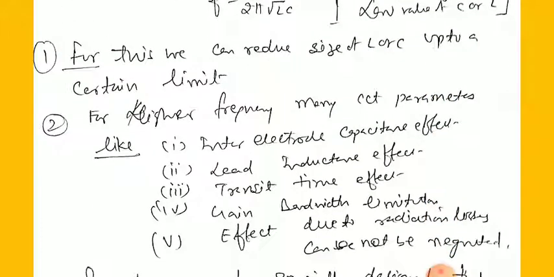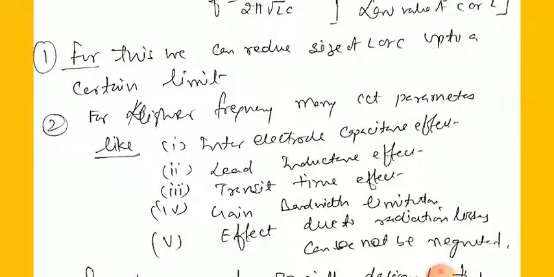And at high frequencies, many circuit parameters change. Number one, the inter-electrode capacitance effect, because now the distance between the electrodes is very small, so C equal to epsilon naught A by d becomes very high. Similarly, the lead inductance effect, the inductance related to the leads of the wire.